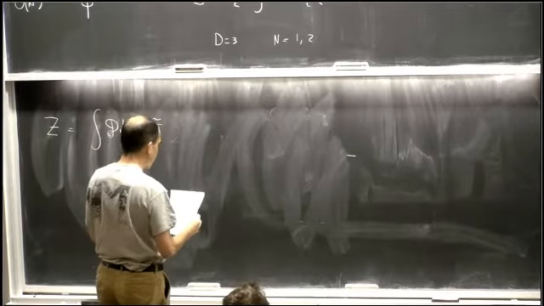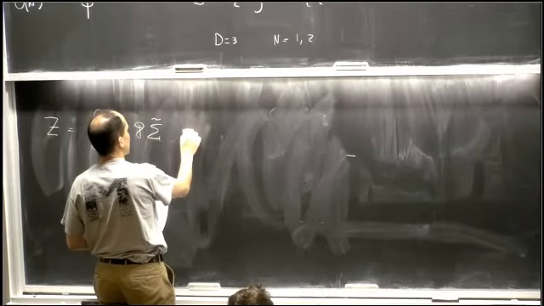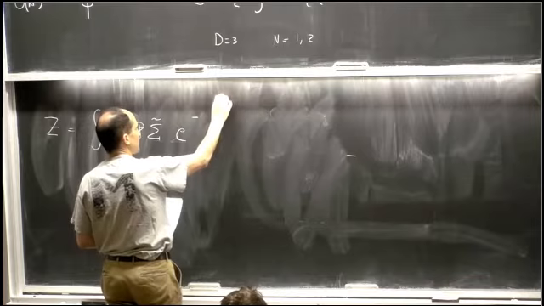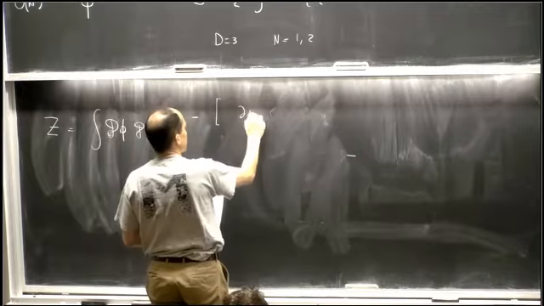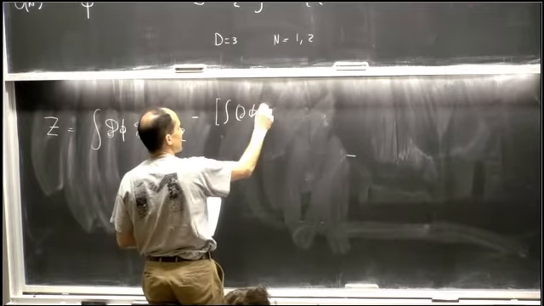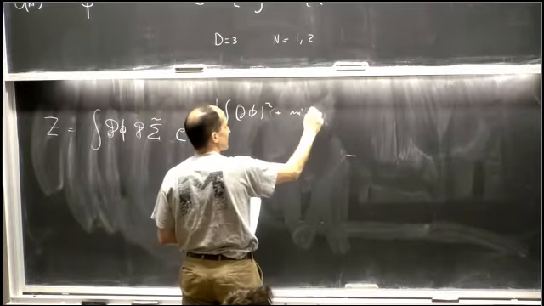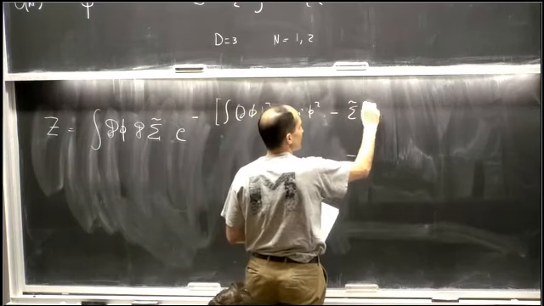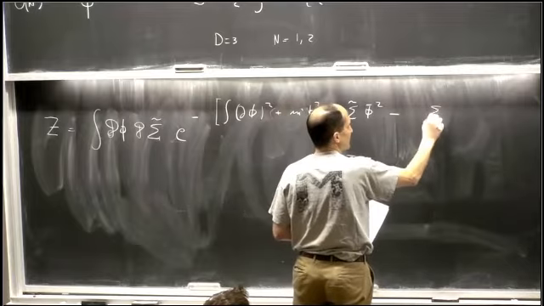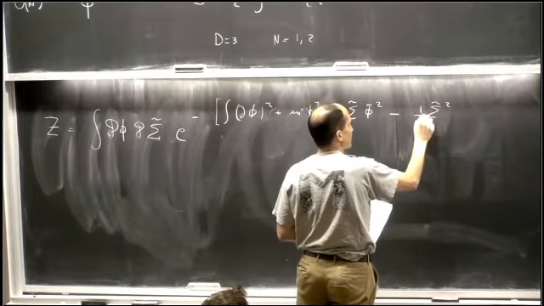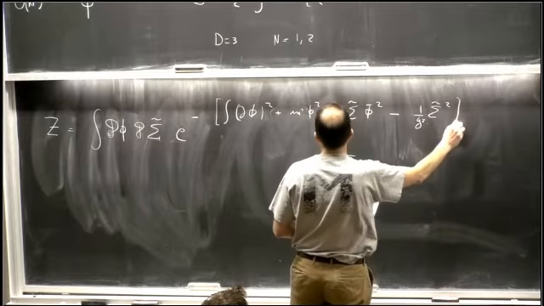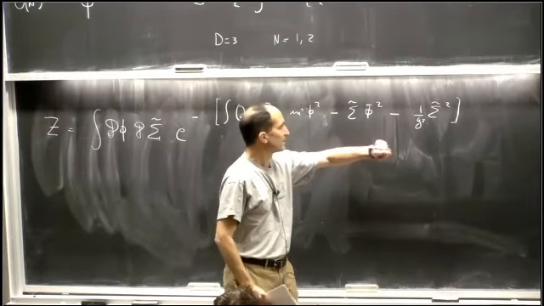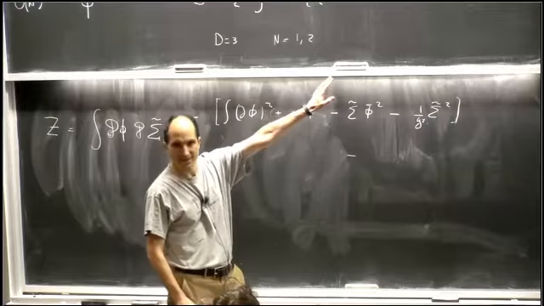It's kind of going to be close to sigma, where we have an action which is the integral d phi squared plus m squared phi squared minus sigma tilde phi squared minus sigma tilde squared over 1 over g squared. Okay. So this action has the property that if we first integrate out sigma, we get the original action.